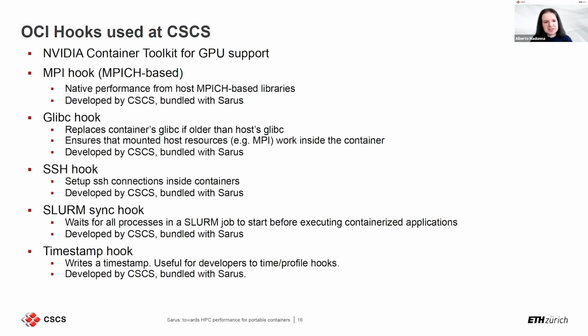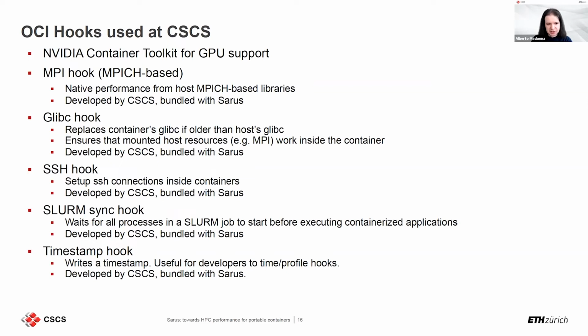So this is a list of hooks that we are using at CSCS in a production scenario. We use the NVIDIA Container Toolkit for GPU support. We have an MPICH-based MPI hook to get native performance from host MPI libraries. We have a glibc hook to ensure that resources mounted from the host keep working also with images based on older Linux distributions.